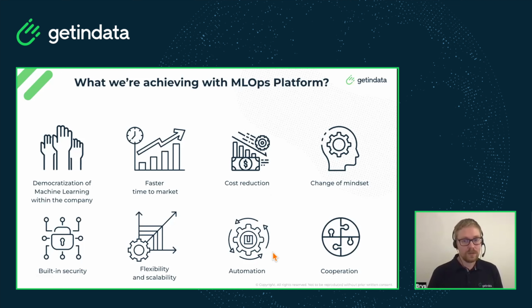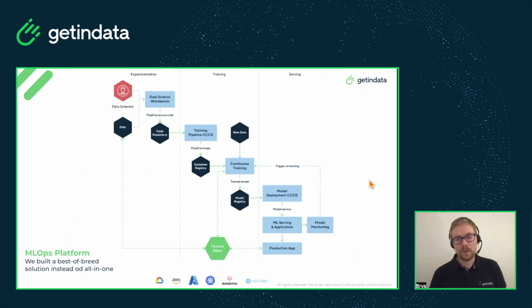You can also save a lot of time with the automation of the whole process. So what does that framework look like? At the beginning, we've got a data scientist, and we've got the data.